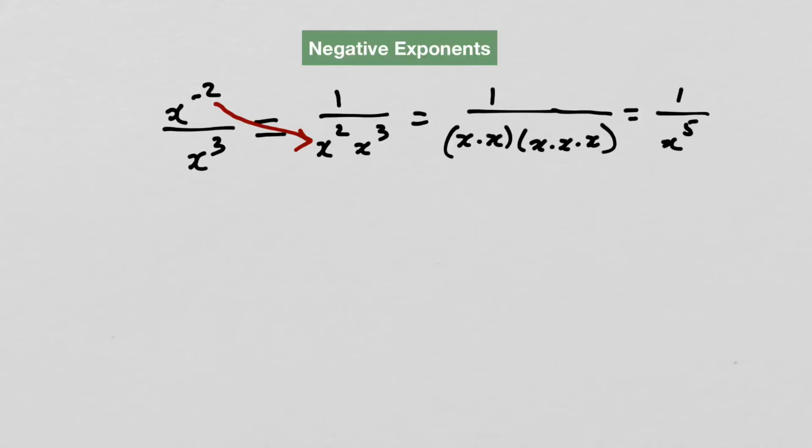Or, Mr. Chang, how did you do that? Okay? Here's what I mean. Let's take that same problem and we're going to rewrite it. This is equal to, okay, x to the negative 2 over 1 times 1 over x to the 3.